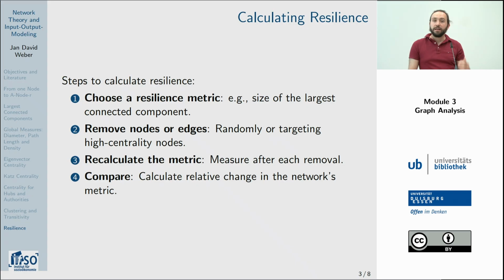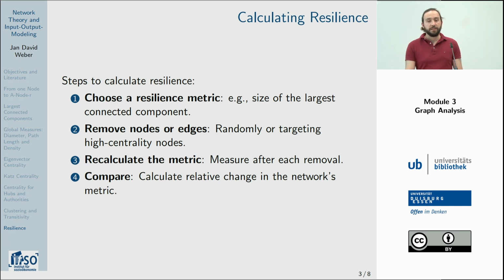Because what we're doing in the next step is we simulate those failures. We randomly or target high centrality nodes and remove them. We remove them and see how the metric has changed now that the graph looks different, and then we compare that. And that is actually all we're doing.